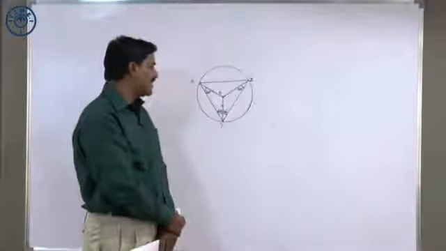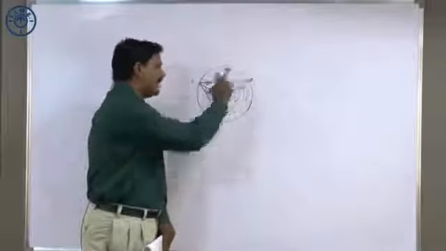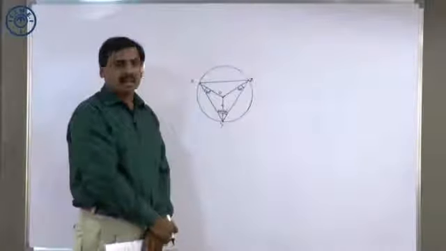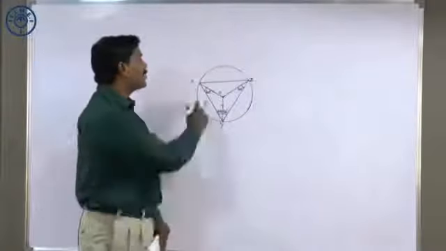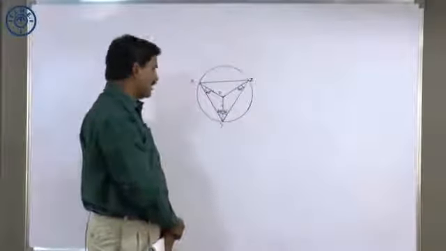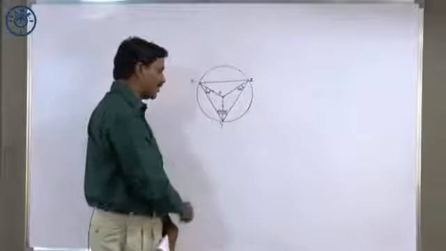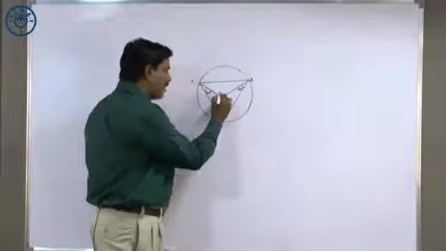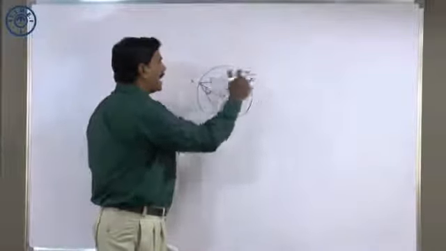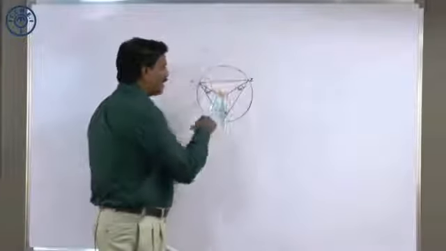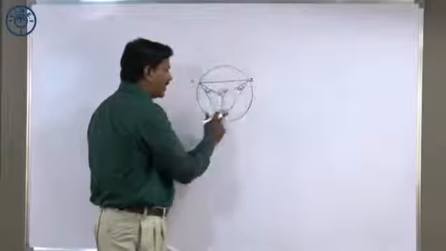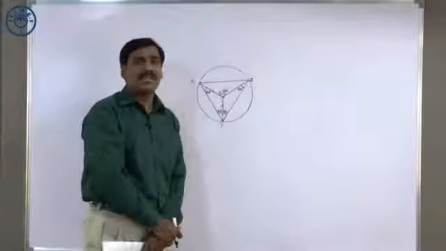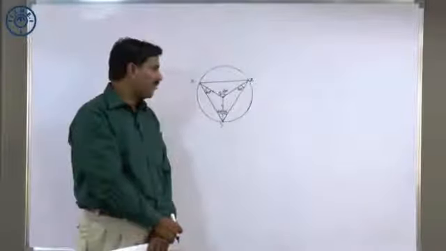So can we say angle XYZ is 60 degrees, 20 plus 40, and now we will use that the angle made by an arc at the center is twice the angle made in the remaining portion. If this is 60 degrees, obviously at O the angle made by this arc XZ will be double, so that becomes 120 degrees.